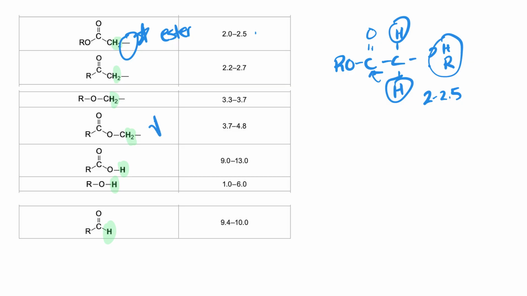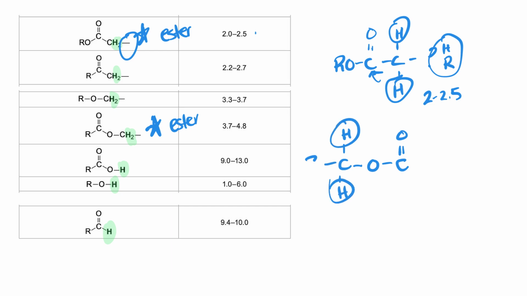Now, its counterpart is this one down here. So this is also an ester functional group. But now we're looking at the protons that are attached on the oxygen side of the functional group here. So we're looking at these protons here. Okay. And then again, this is attached to something else.